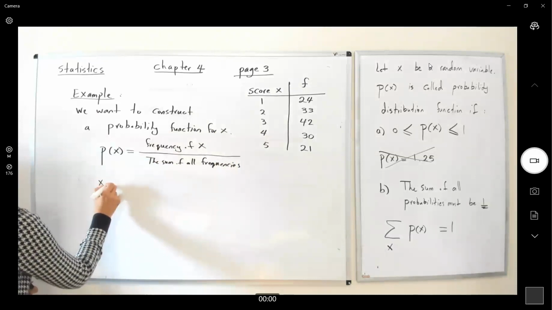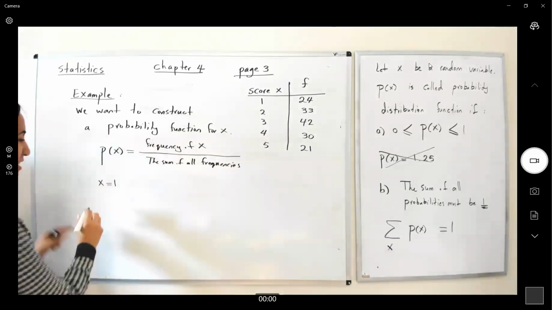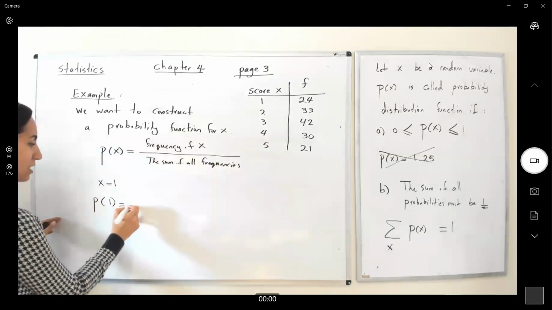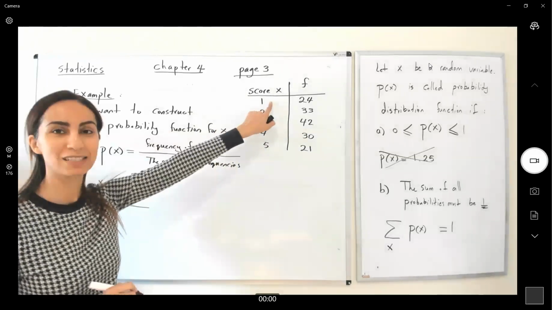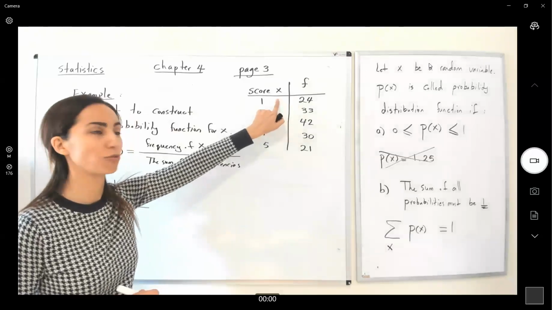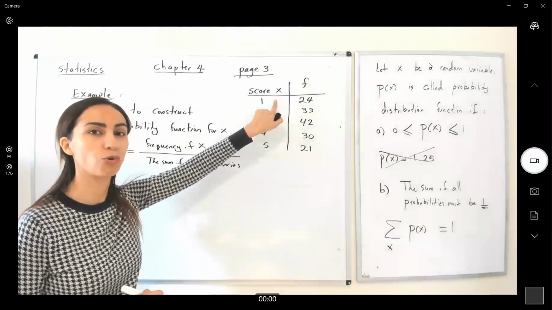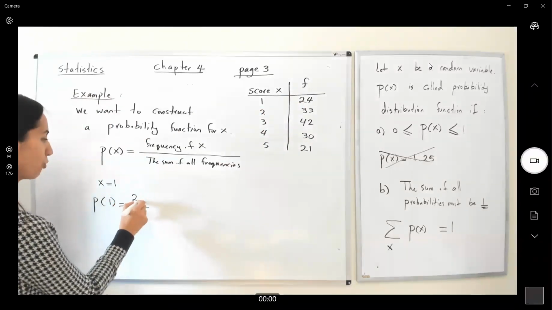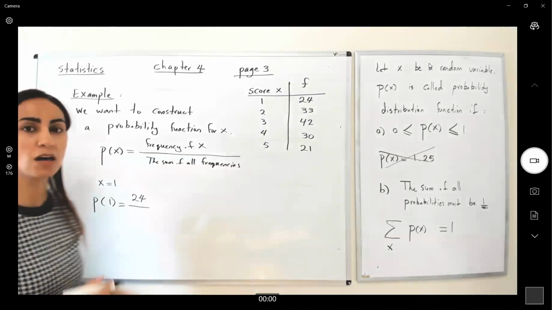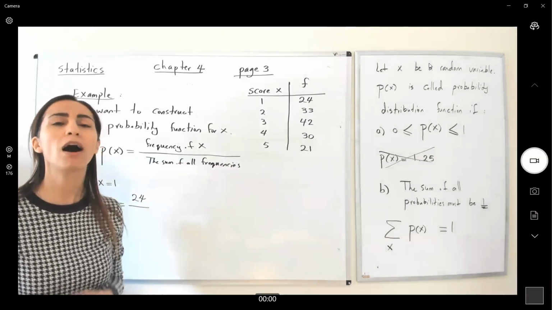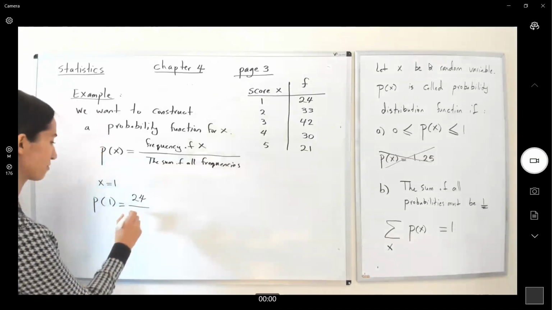X is 1. The probability of x equals to 1 is equal to frequency of 1. 24 employees got score 1. So the frequency of score 1 is 24. 24 goes on the numerator. On the denominator, how many employees do we have? We have 150 employees.